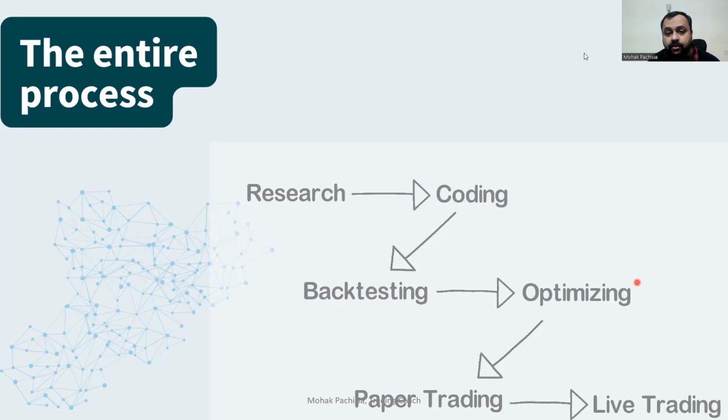Is it likable? No, because I don't want so much volatility. So something called a Sharpe ratio is used, which takes in both the average returns as well as the standard deviation. So it tries to find the risk-adjusted returns.